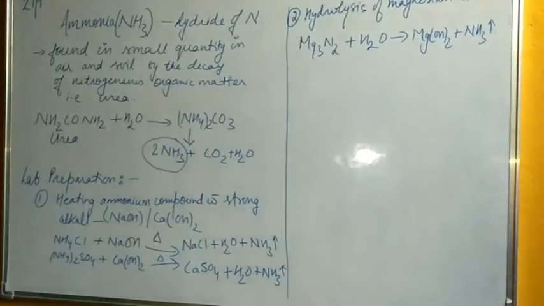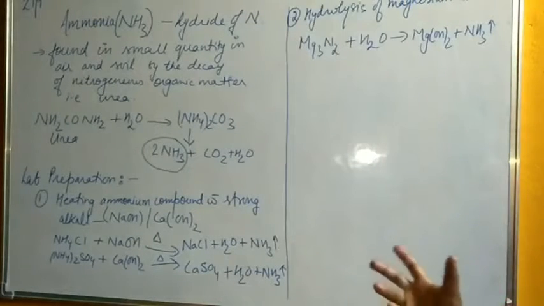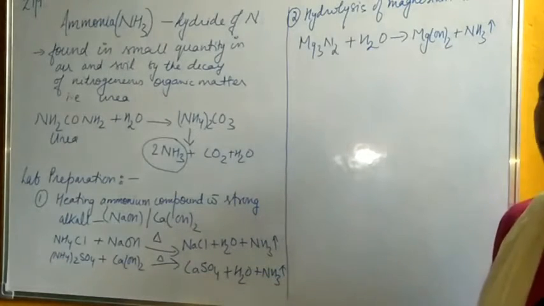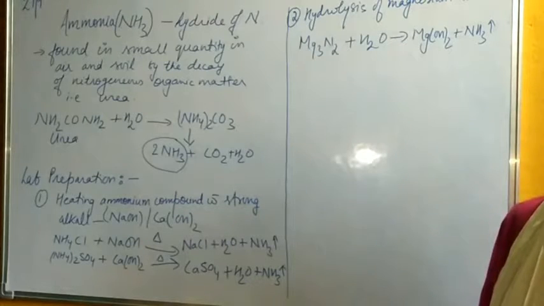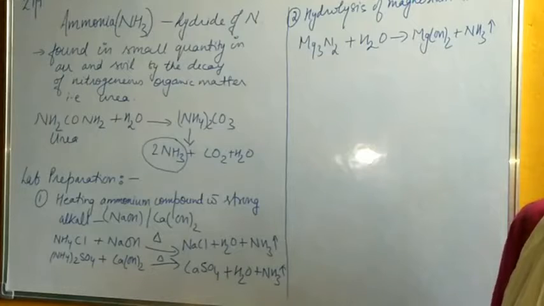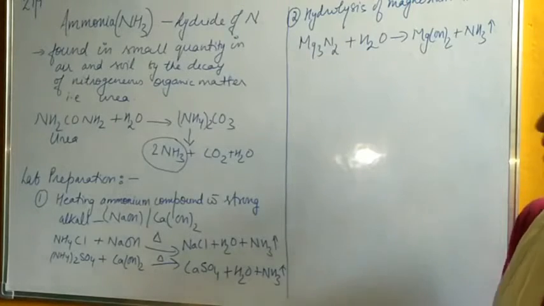Now, students, here the ammonia gas which has been formed contains a little bit of moisture, and to dry it out we are not going to use concentrated sulfuric acid or phosphorus pentoxide, right? Or anhydrous calcium chloride. We are going to use here quicklime, that is calcium oxide, right?